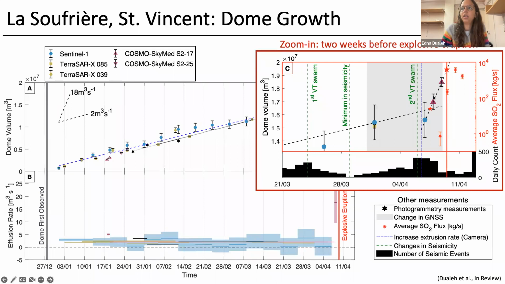This change in the extrusion rate that we calculate from the backscatter data correlates with changes in SO2 measurements, as well as visual observations that the extrusion rate changed in the couple of days prior to the eruption, and the change in seismicity. So it was quite neat that we were able to image and capture this change just from the backscatter data itself.